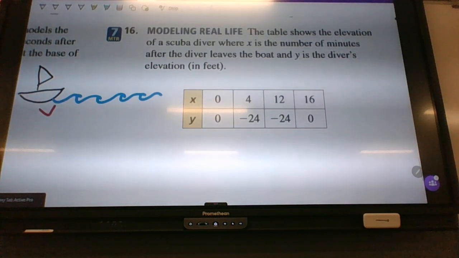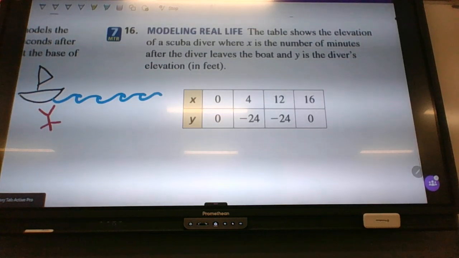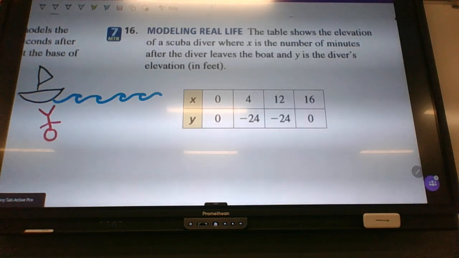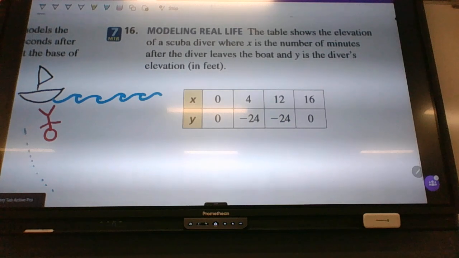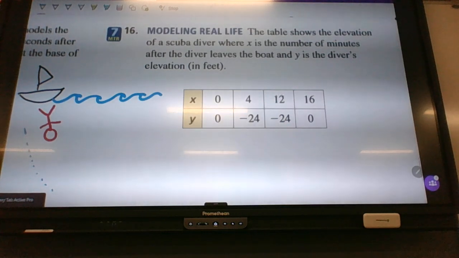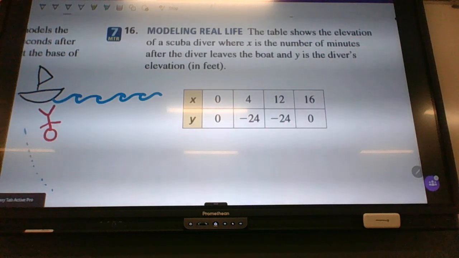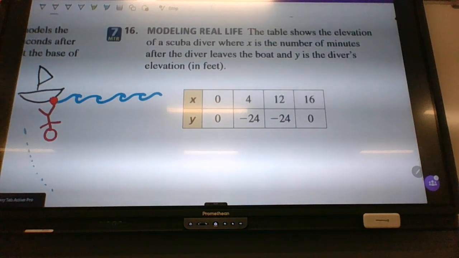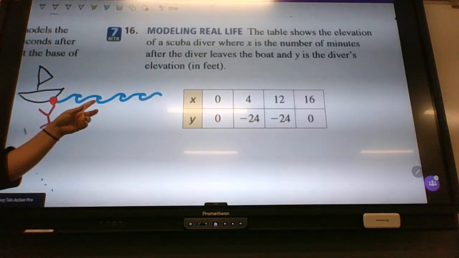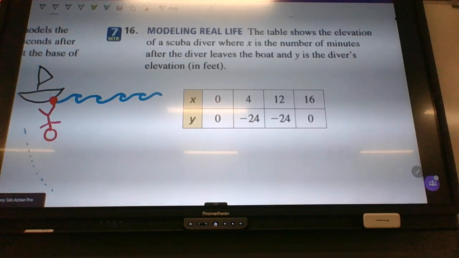And then here's the scuba diver going down to see the fish. I'm starting at 0, 0. And then 4 feet out, I'm all the way 24 feet down.